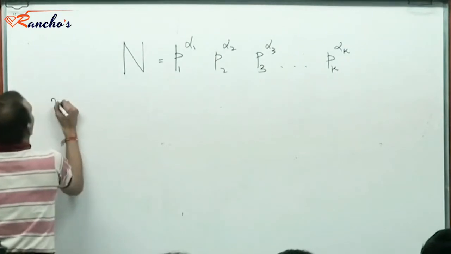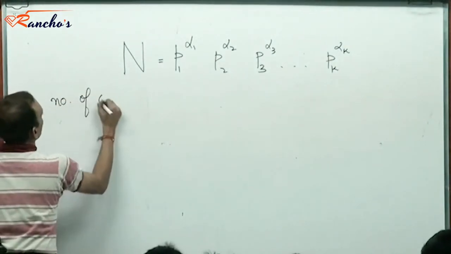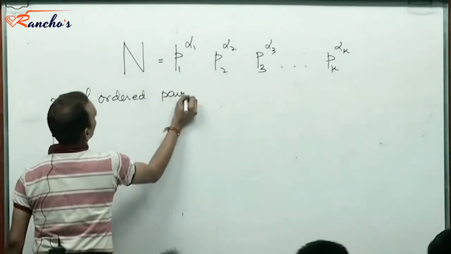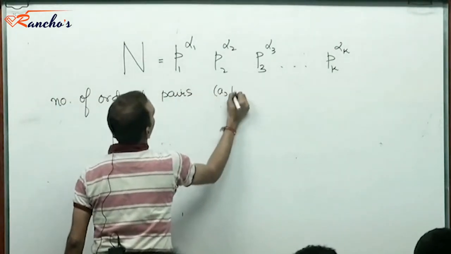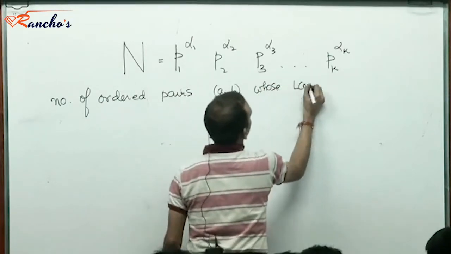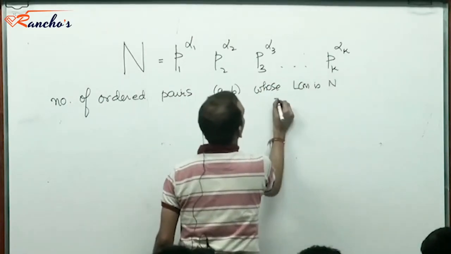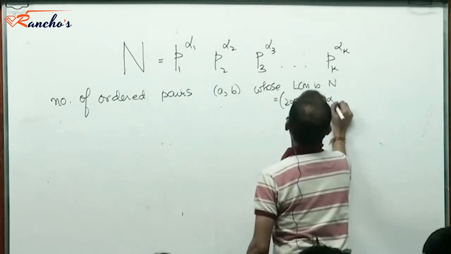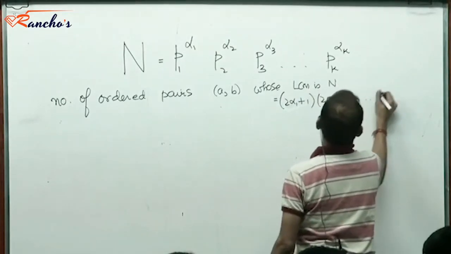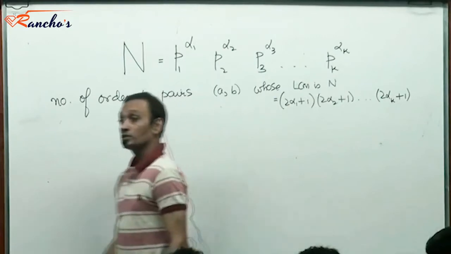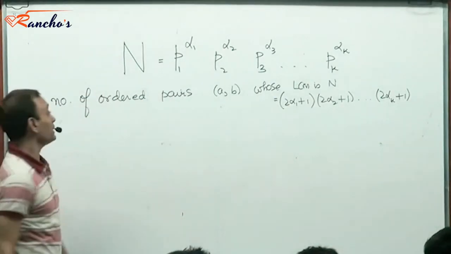Then the number of ordered pairs AB whose LCM is n is 2 alpha 1 plus 1 into 2 alpha 2 plus 1 into 2 alpha k plus 1 would be the number of ordered pairs A and B, right?